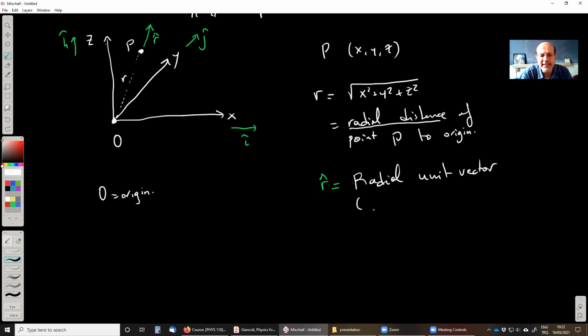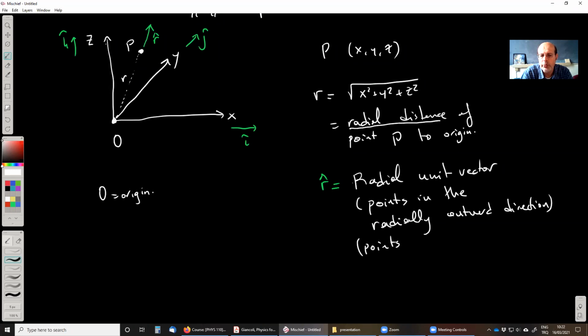It basically points in the radially outward direction. Basically it points along the direction in which this radial distance increases, in which R increases.